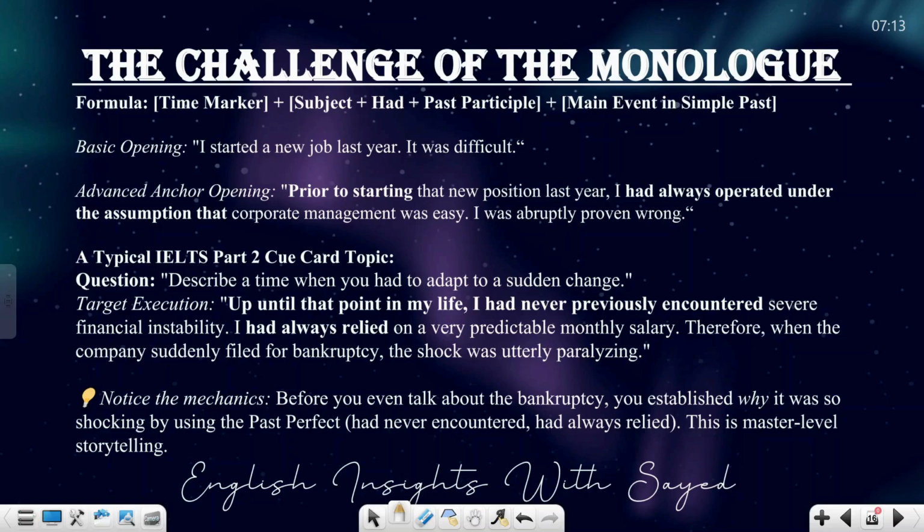So you have uplifted these sentences: prior to starting the new position last year, I had always operated, I had that sort of belief in my mind, I had always maintained the belief under the assumption that corporate management was easy.